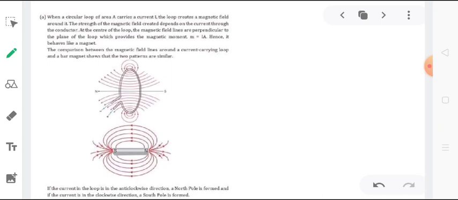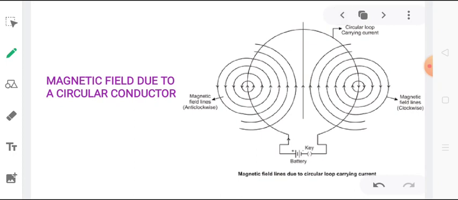Just like in a straight current carrying conductor, we had made use of iron filings, similarly, with the help of iron filings, again we can obtain the field pattern due to a circular current carrying conductor. What should be the experimental setup? I am showing you.